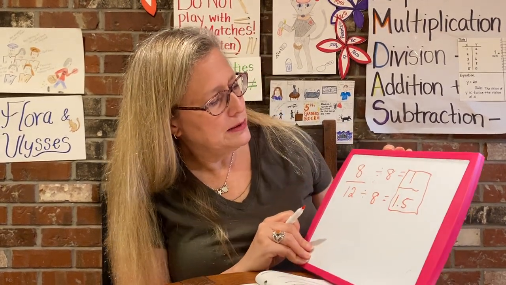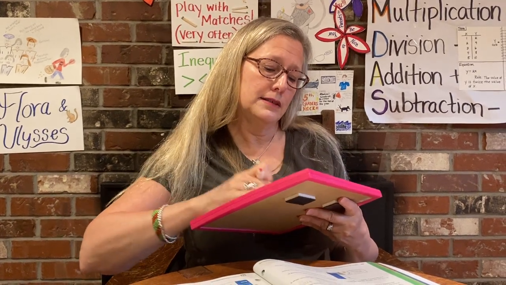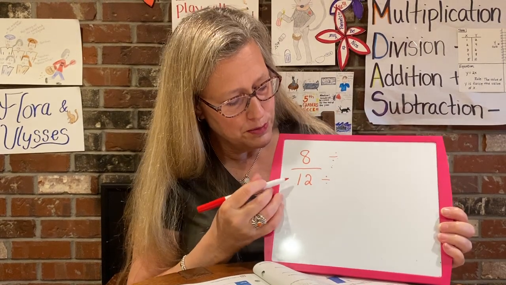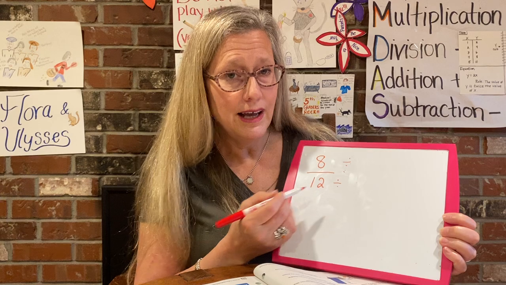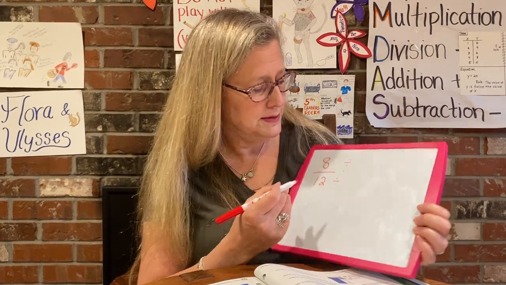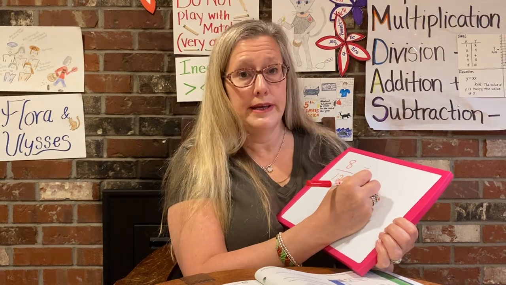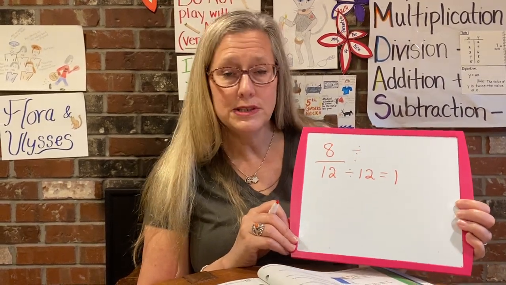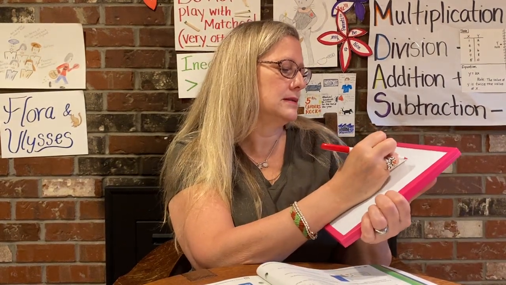What if I wanted to know how many sodas I could get for $1? Well, the 12 represents the dollar value, okay? So if I want to find that, I have to divide both sides by 12. Because if I divide $12 by 12, I get $1, right? Now I'm going to divide 8, which is the number of sodas, by 12, and let's see what happens.